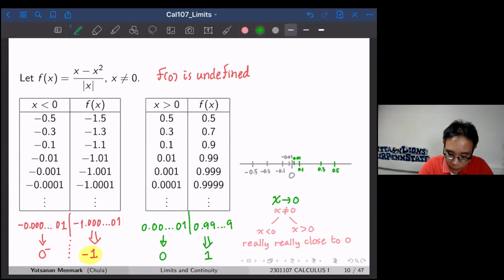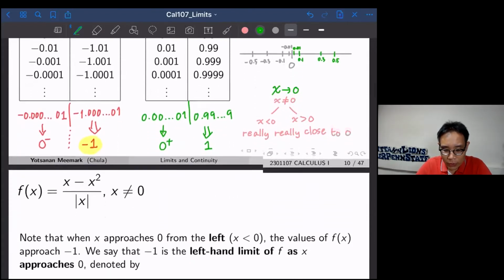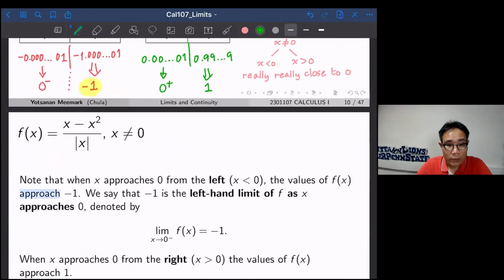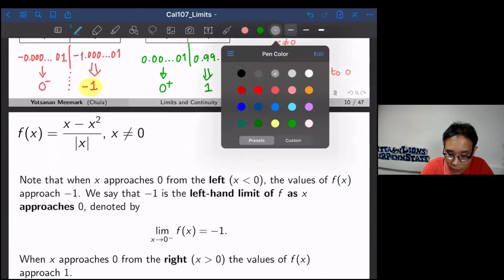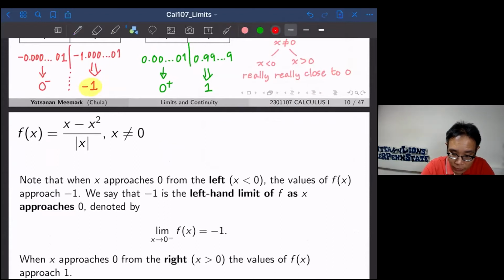So in this case, we use the superscript positive sign on 0. Now if you use the notation for the limit, when x approaches 0 from the left, I'm going to use the red color. If x approaches 0 from the left, the function will approach negative 1.